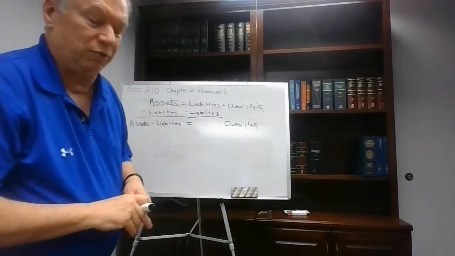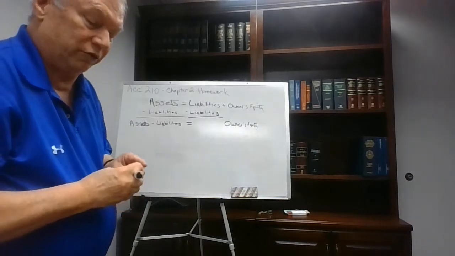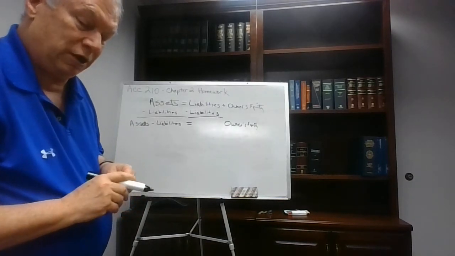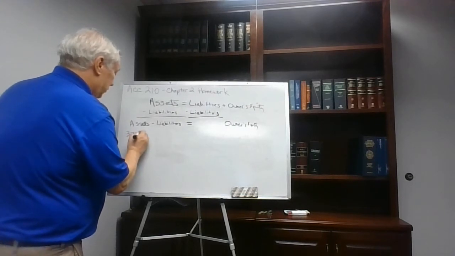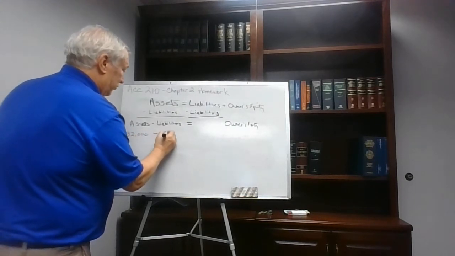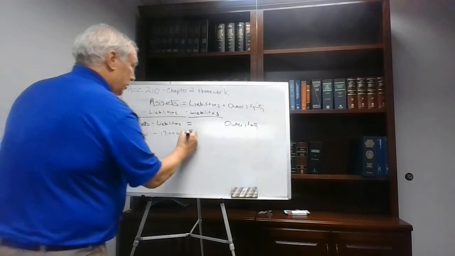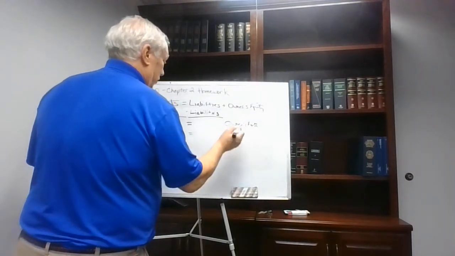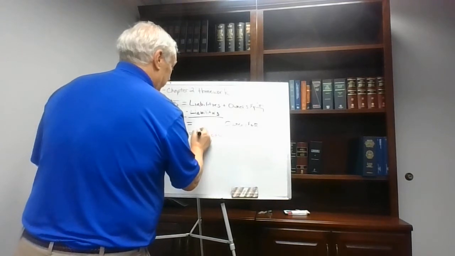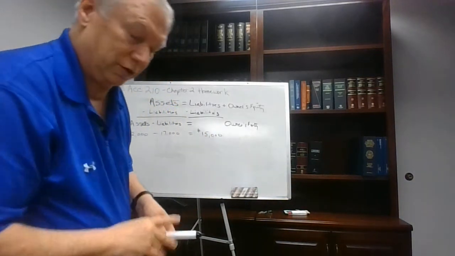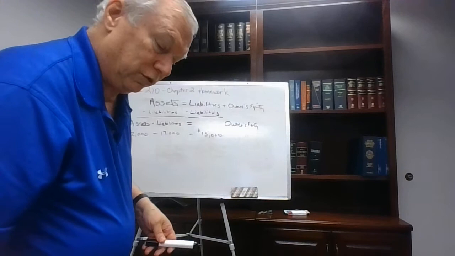And then they give you some numbers. The first one they give you is pretty darn easy. 32,000 minus 17,000 equals question mark, and everybody does this, and they get 15,000. So that's your first one. Okay, let's do the next one.